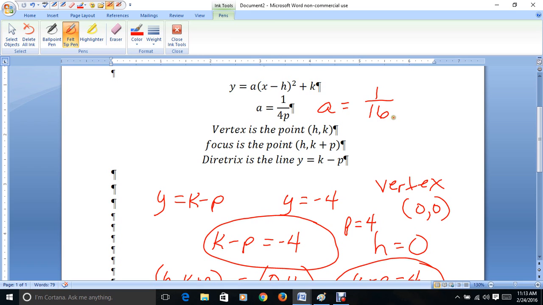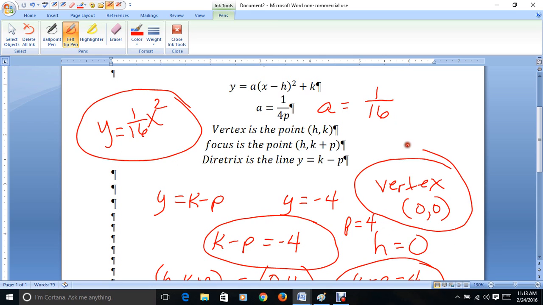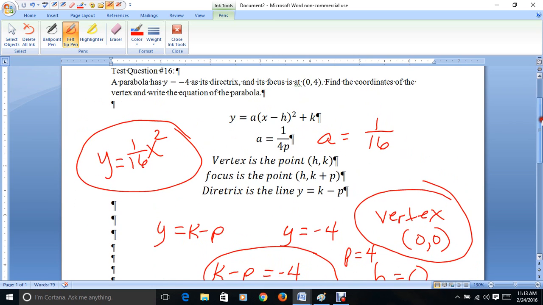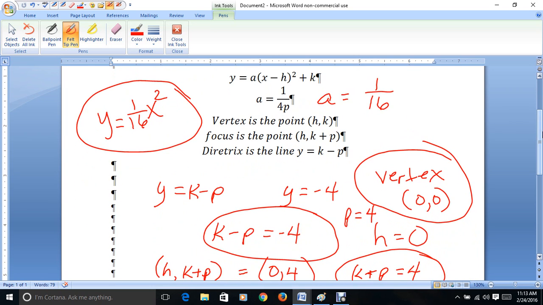So the equation for this parabola is y equals 1/16 x squared. So that's the equation for this parabola, and there's the vertex. Those were the 2 things this problem was asking for, the vertex and the equation. Alright, so it's these things here that you have to know to deal with these problems.